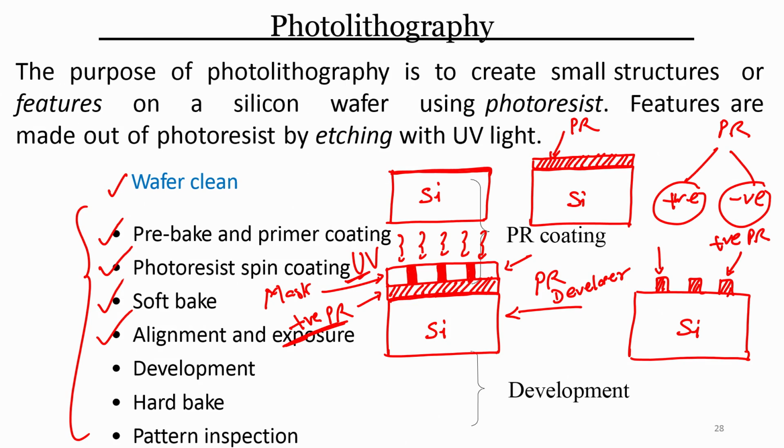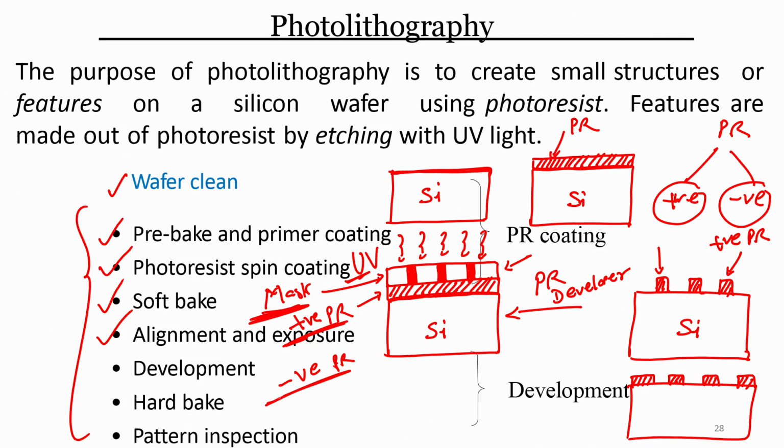But in case I use negative photoresist with the same bright field mask, what will happen is the pattern that you will be able to see will be like this, opposite of whatever is there on the mask.